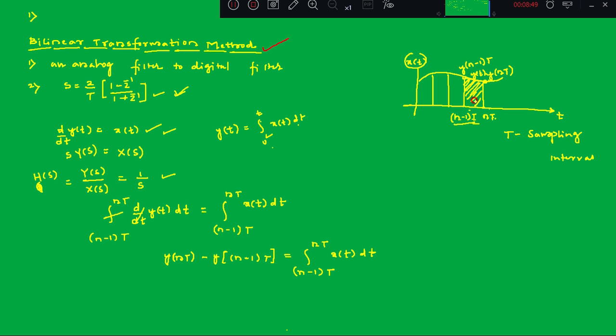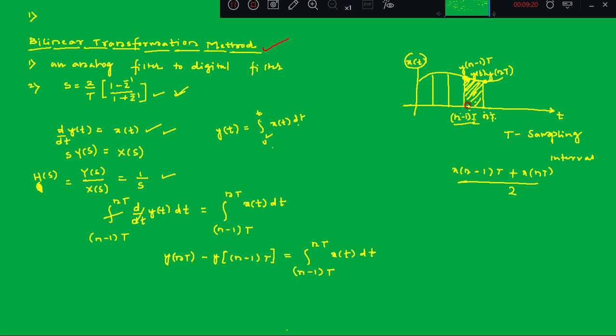Area is nothing but the mean height of this x of t between these two intervals, that is n minus 1 times T to nT, right? Mean height is what? Let's say this is x of n minus 1 times T, and what is this one? Mean height is plus x of n times T divided by 2, right?